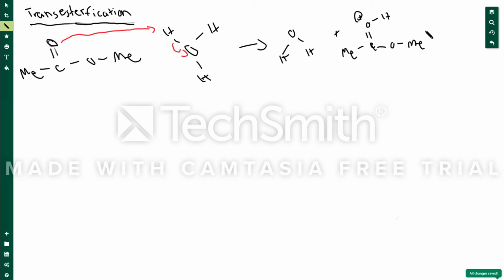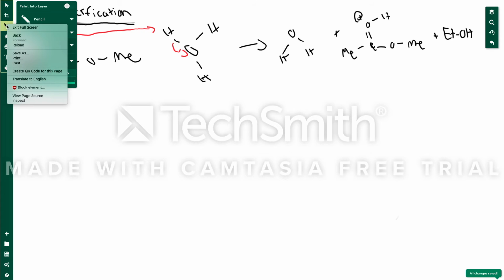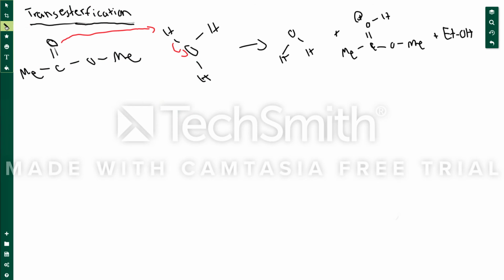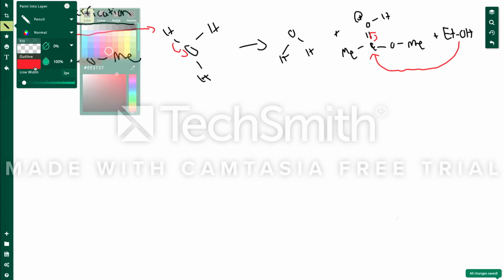Now, here is where we are going to need our alcohol. Let's do ethanol, just to show a different R group. So this oxygen is going to come and attack here.